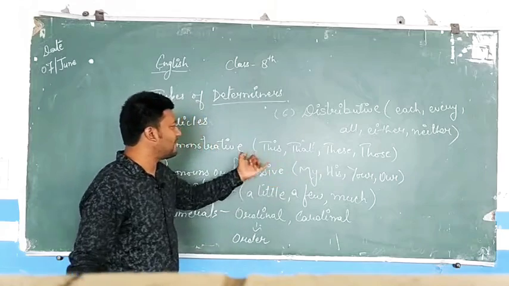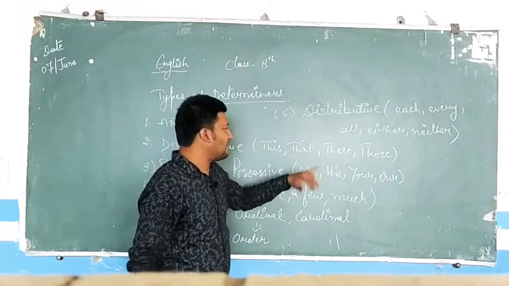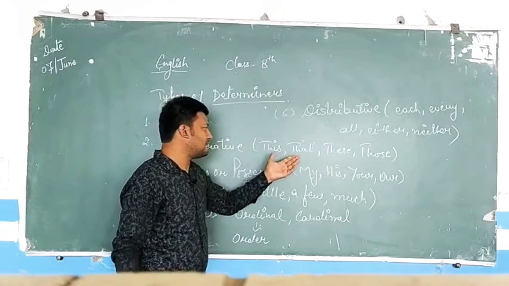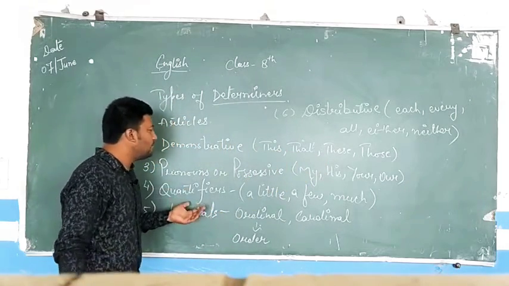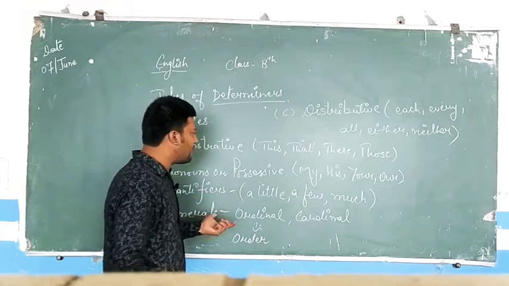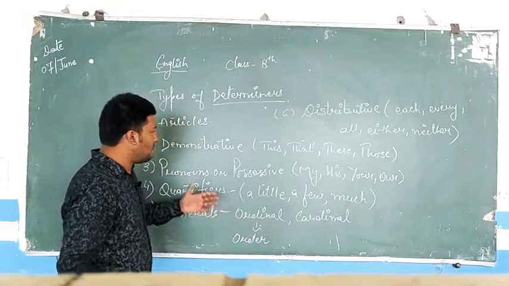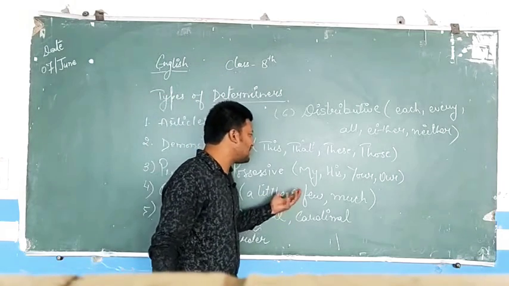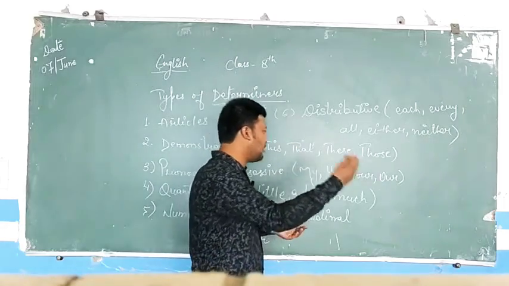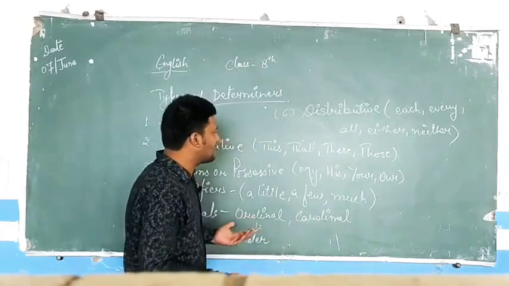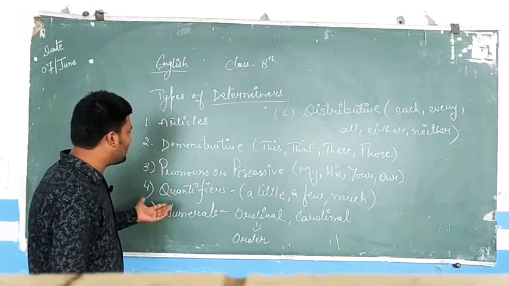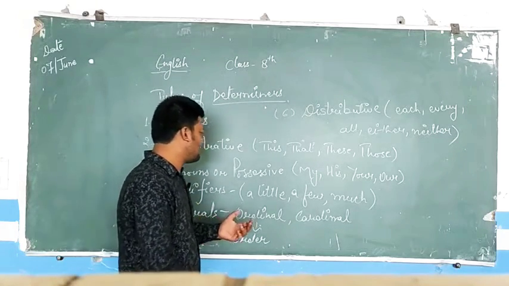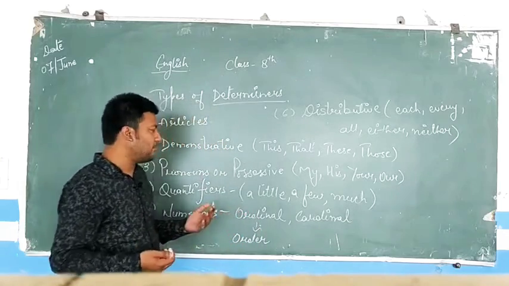This for the nearby things, that for the far away, and these, those are the plural forms of this and that. Now pronoun or possessive. Possessive means the ownership of something. When I say possessive, that is, this is my pen, this is my car, this is your house, or this is our class. Quantifiers, which states the quantity, that is little, more, few.